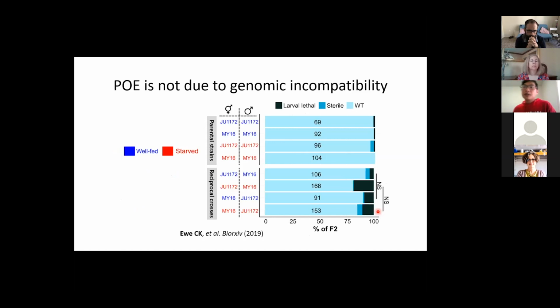However, although we do observe that the strains we use were incompatible to an extent, as indicated by reduced viability in the reciprocal crosses, we did not observe a significant difference between the two directions of the cross or the nutritional status of the parents, and therefore we conclude that genomic incompatibility is not sufficient to explain the strong POE we observed.